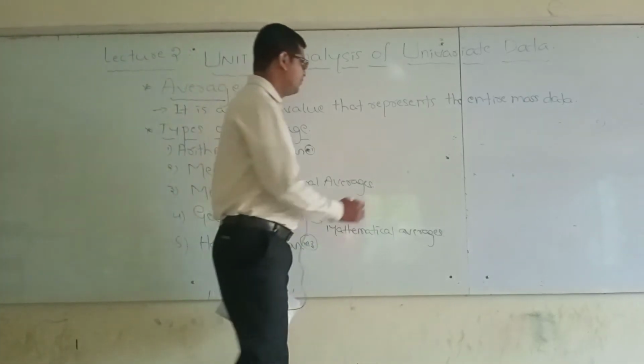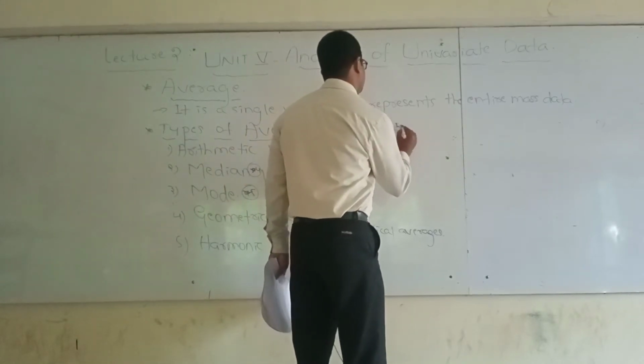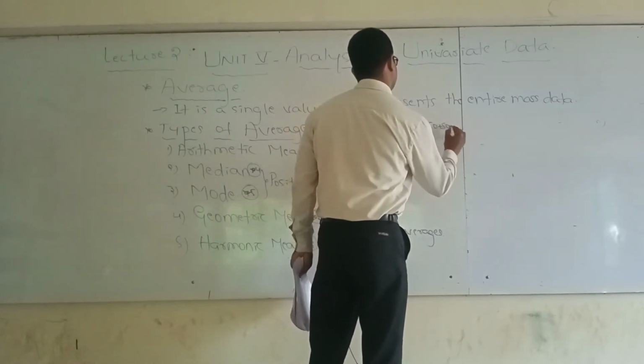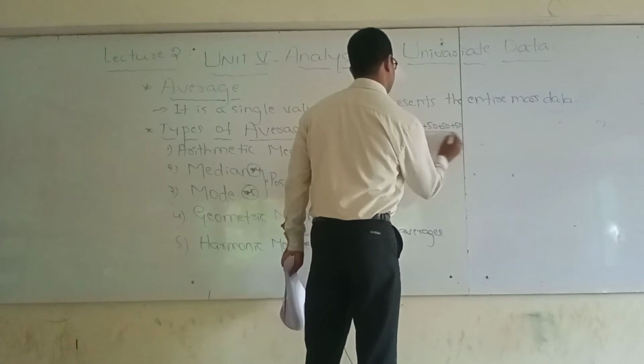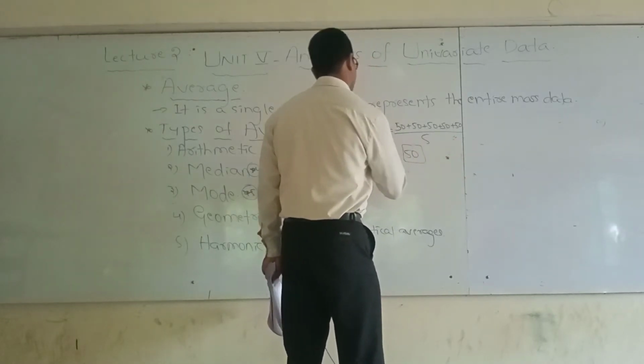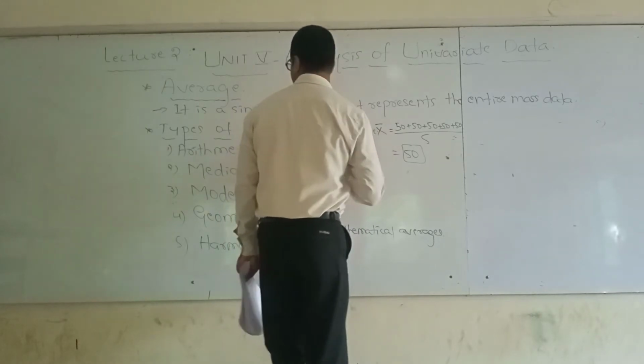Because we know we have taken x bar is equal to 15 plus 15 plus 15 plus 15 plus 15 divided by 5. So we got finally 15. So this is the average. So what is average?